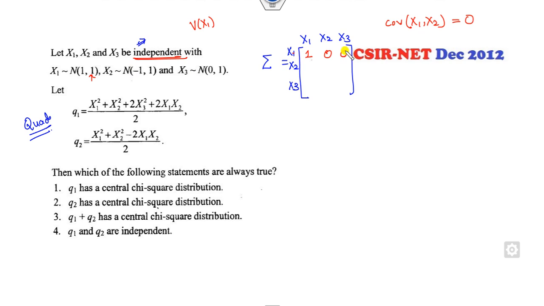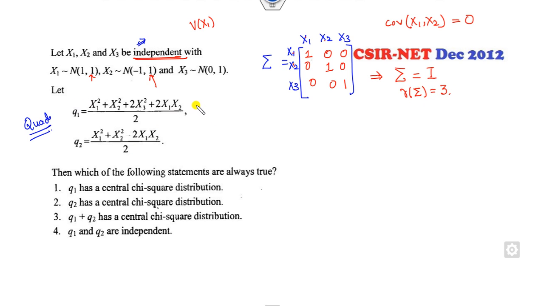Similarly X1, X3 is 0, X2, X1 is 0, and X2, X2 is a variance, which is 1. This is 0, 1, 0 and 0. So basically this is my identity, and the rank of this is 3.